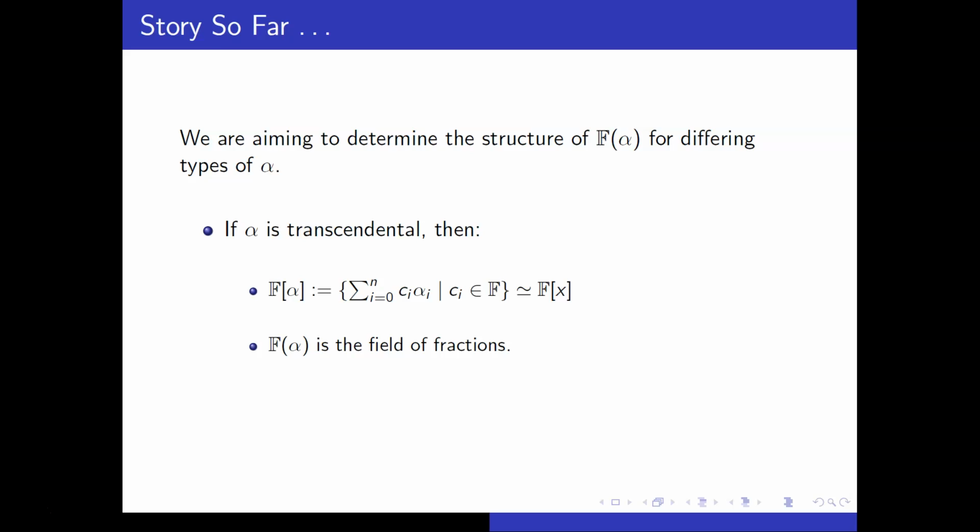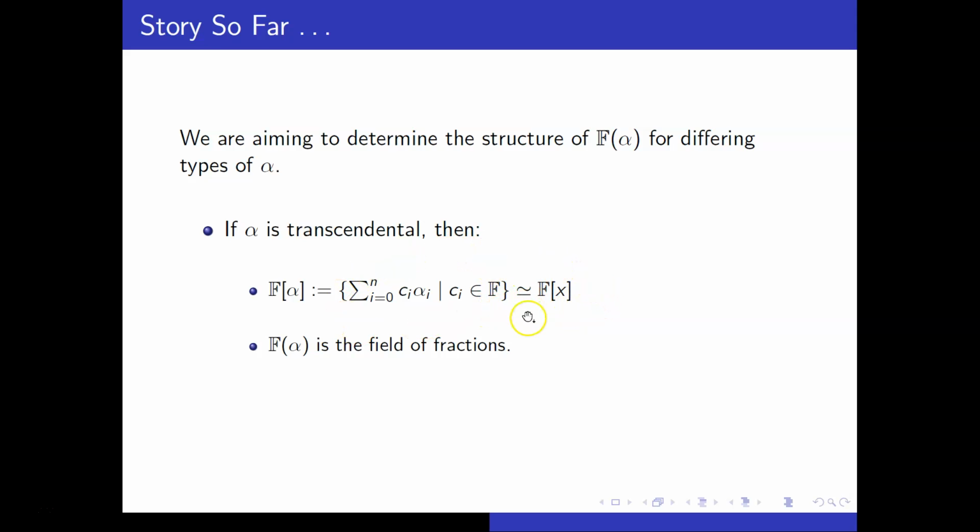If alpha is transcendental over F, so it doesn't satisfy a polynomial relation, then every one of these expressions is completely distinct from each other. None of them are 0. Essentially, a transcendental element behaves exactly the same algebraically as an indeterminate. So when I take this, I get a nice closed ring.